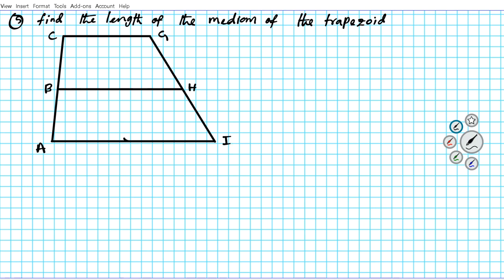And then since it's a trapezoid, you have exactly one pair of parallel sides. And this guy right here is the median, so that means it's a segment that connects the midpoints of the legs.